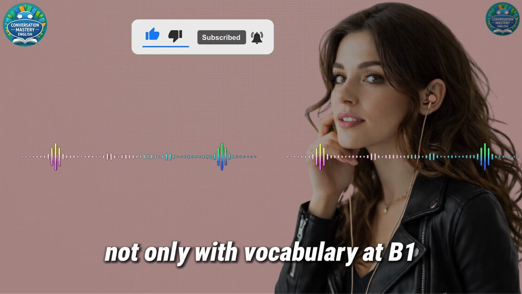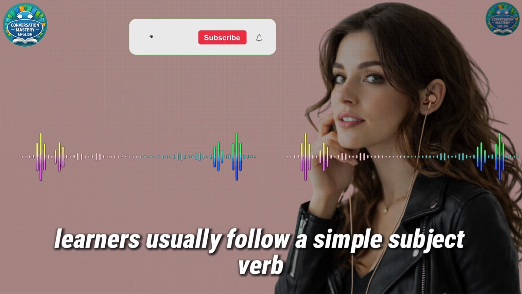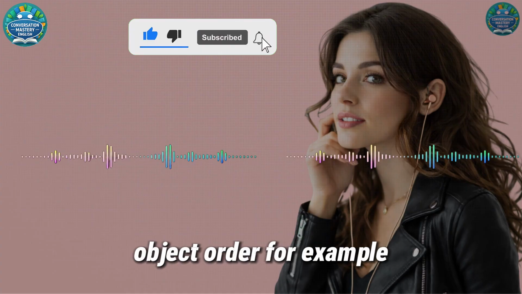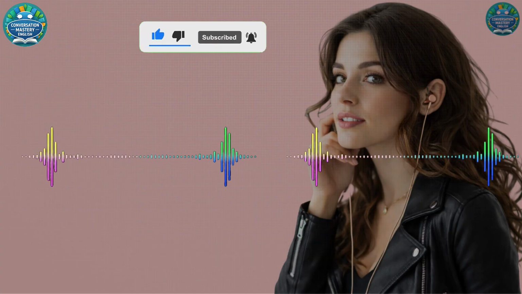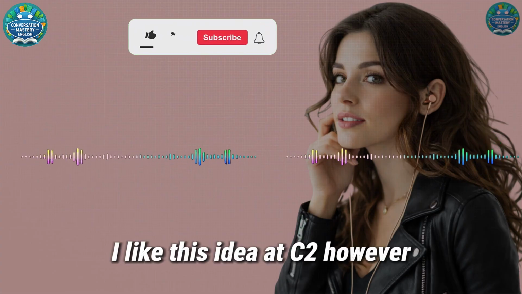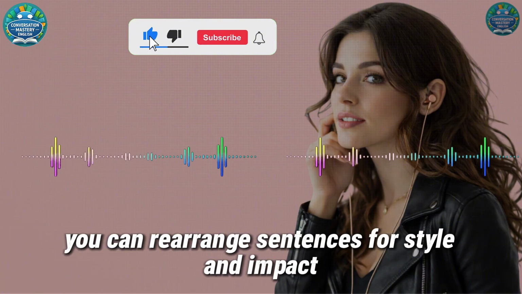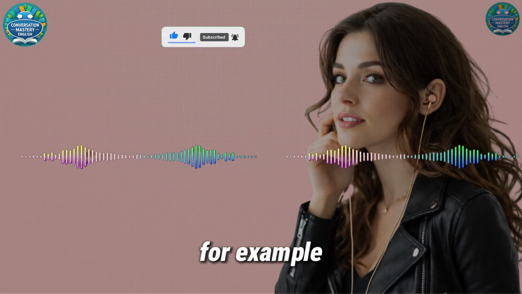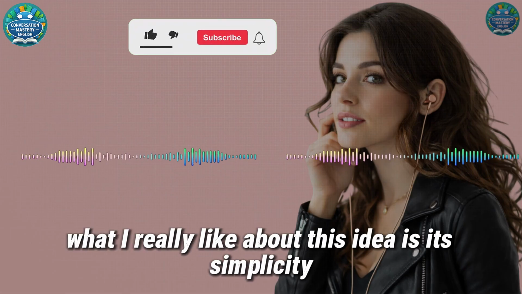At the advanced level, another powerful skill is the ability to use emphasis in your sentence structure, not only with vocabulary. At B1, learners usually follow a simple subject-verb-object order. For example, I like this idea. At C2, however, you can rearrange sentences for style and impact. For example, what I really like about this idea is its simplicity.